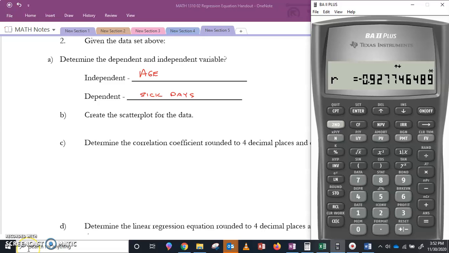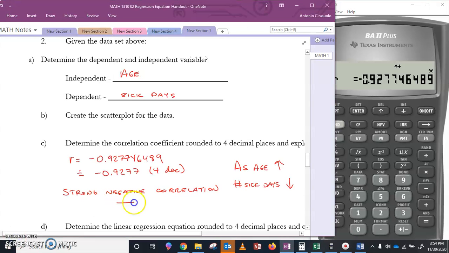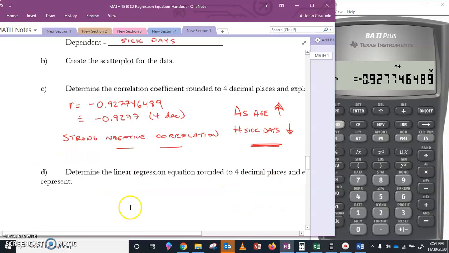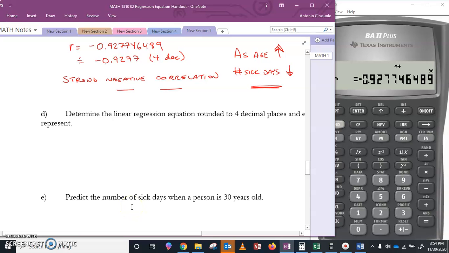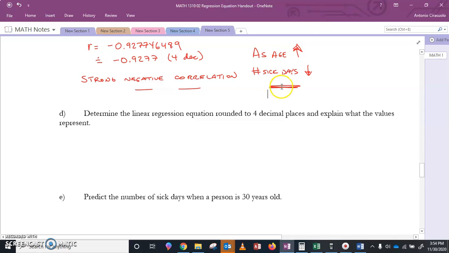And it is close to 1, so it's a strong negative correlation. And what does that really mean? As age increases, the number of sick days decreases. Right? That's what that stands for.